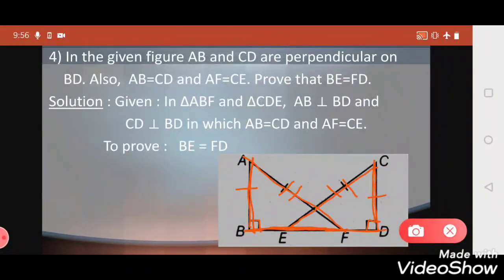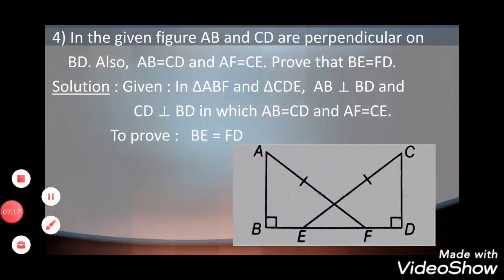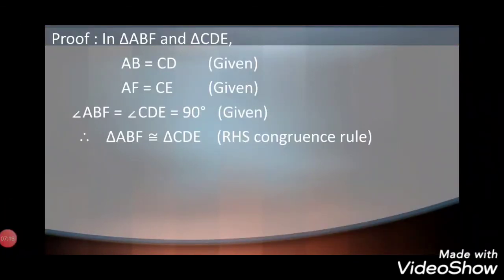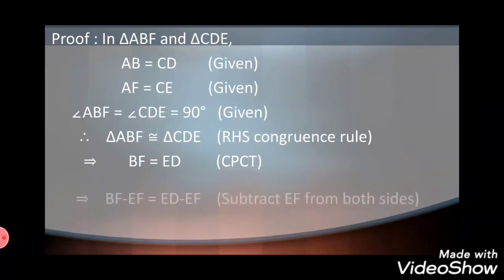So, angle B and angle D both will be 90 degree. So, triangle ABF is congruent to triangle CDE by RHS congruence rule. Implies that BF equal to ED. This is the CPCT. It is corresponding part of the congruent triangles.